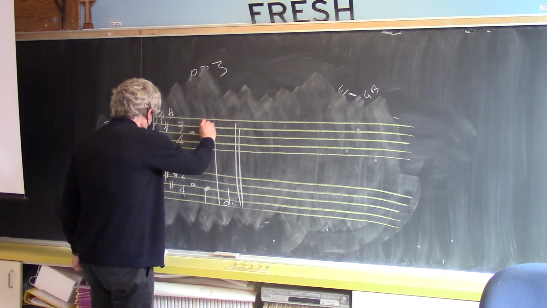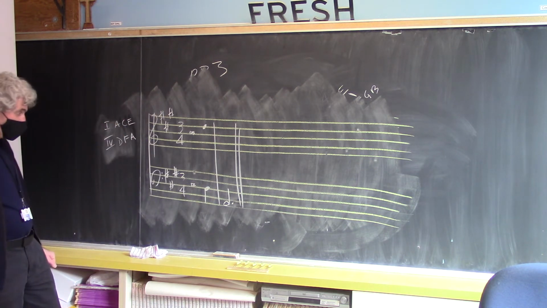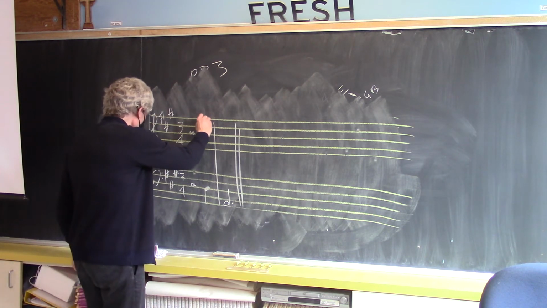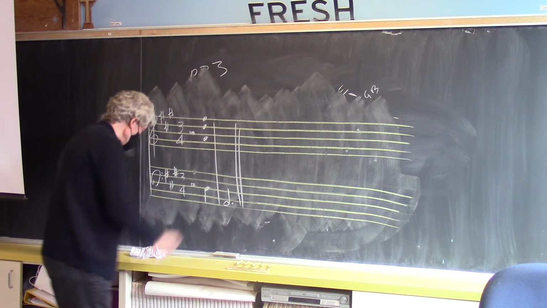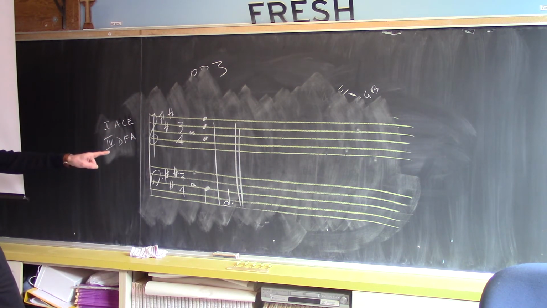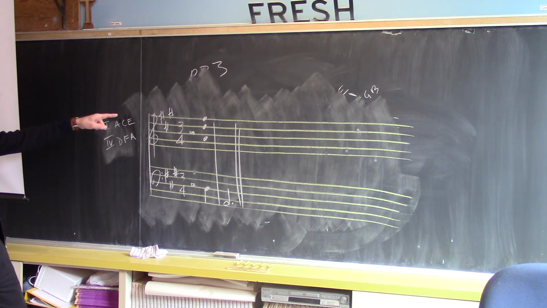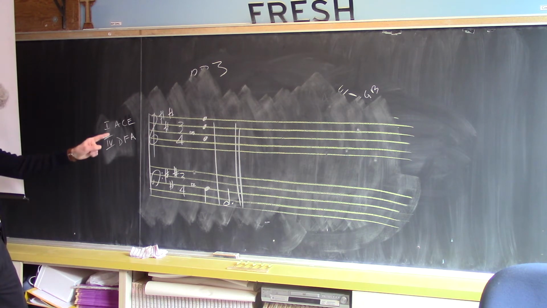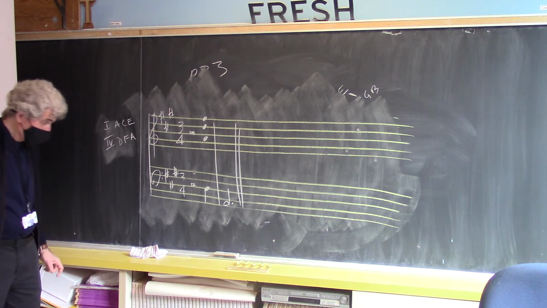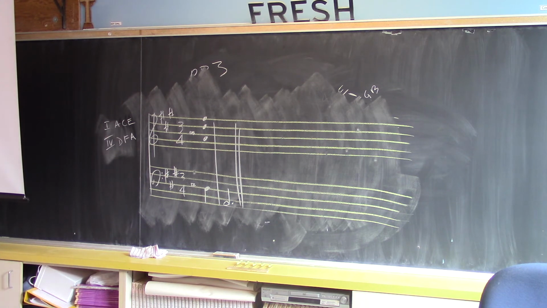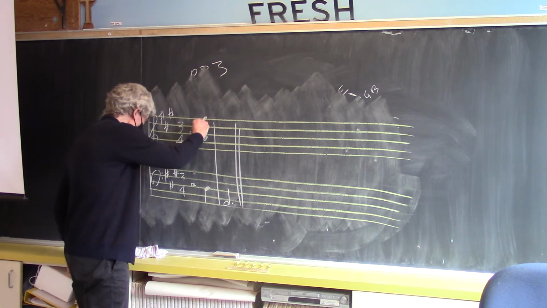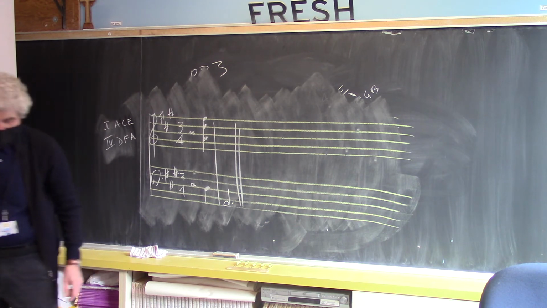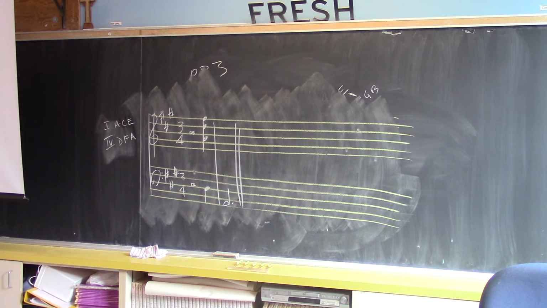So let's try. There's the D. Okay, so 2 D's. Got them. F sharp. Got them. A. Got them. Where should the stem go with this? According to the handy dandy rule. Yes. And for those who are left-handed, it's on that side.